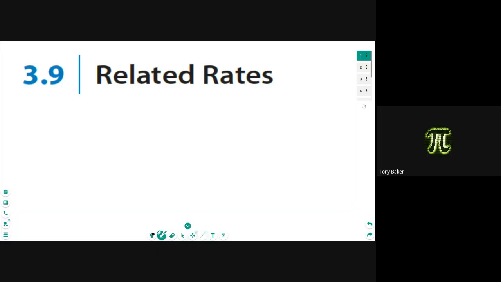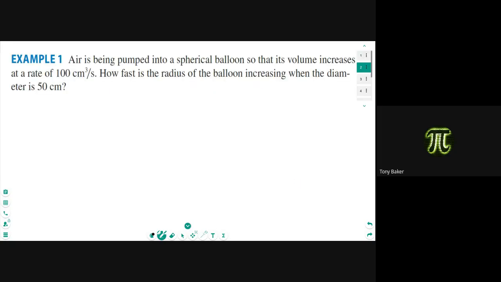So related rate is when we're taking... actually, I'll just put the first example up there because honestly, it's easier to look at an example. This is literally what a related rate says. We're looking at how the change of one thing affects the change of another thing.